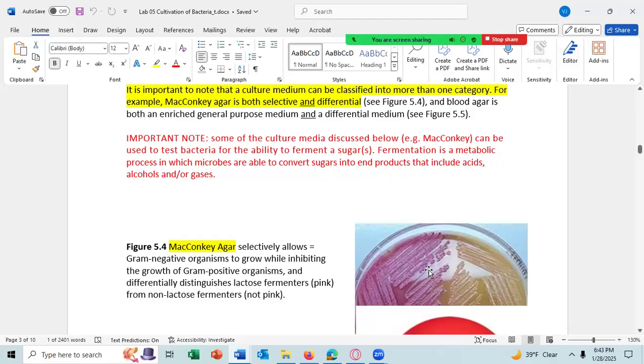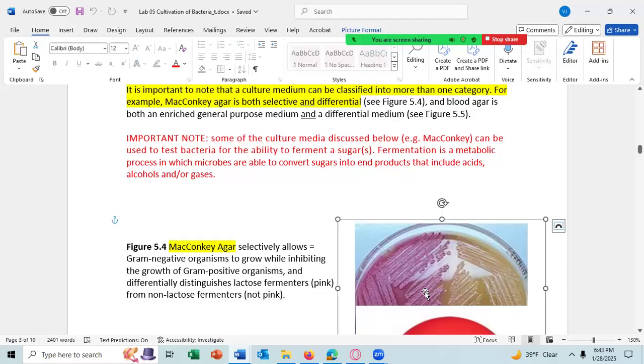The growth of the colonies will be the same color, and the plate around the colonies will also be purple or dark pink.